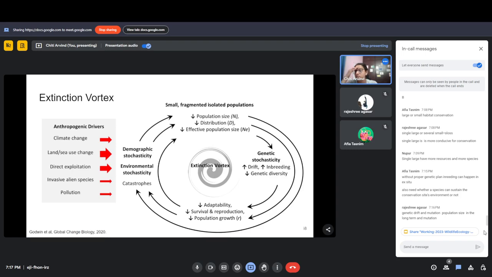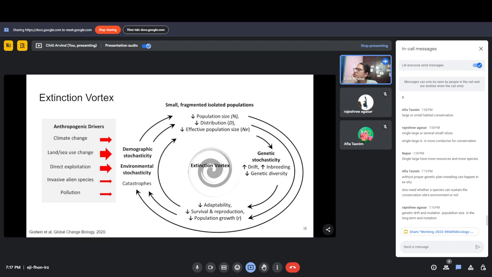Randomness, right? So it basically means any chance event where the number of individuals, which is demographic, gets fluctuated, or any environmental catastrophe happens, that might lead to fragmentation and isolated populations, right?